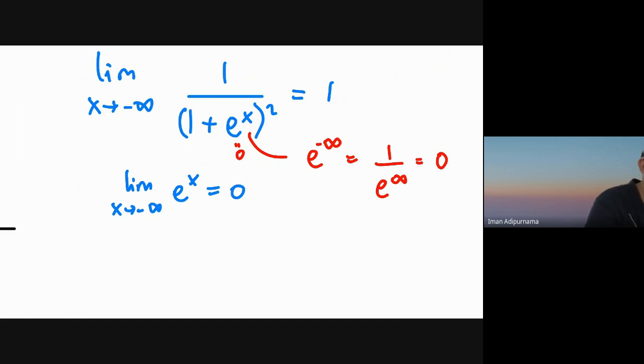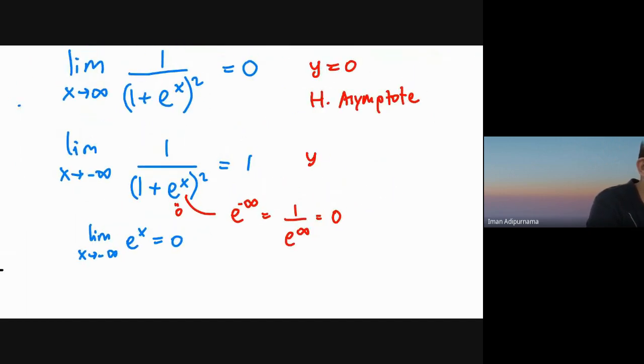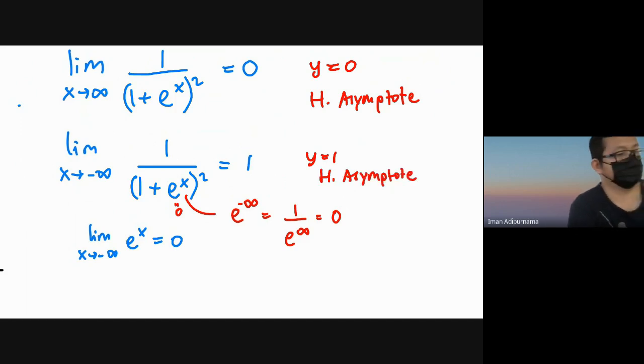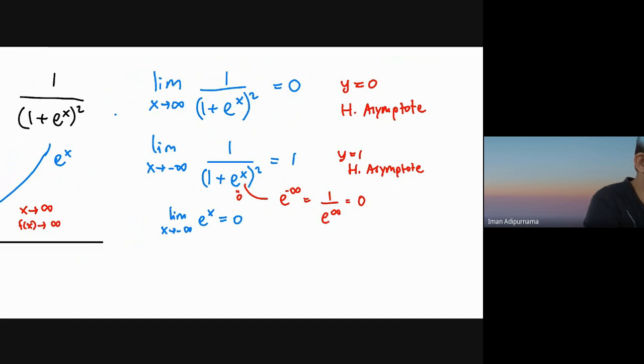In the limit, this will be 0, right? In the limit. So y equals 1 is a horizontal asymptote. So we will have two horizontal asymptotes. Okay.